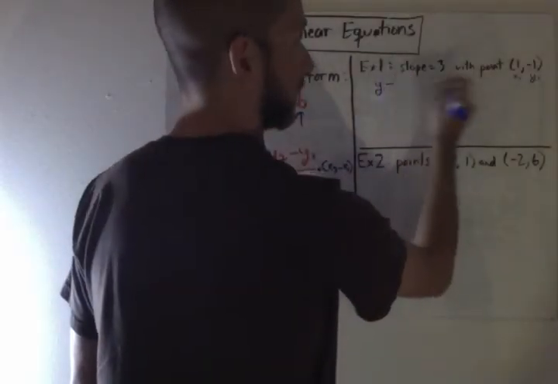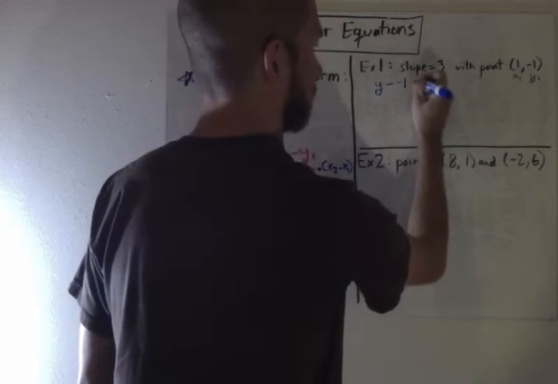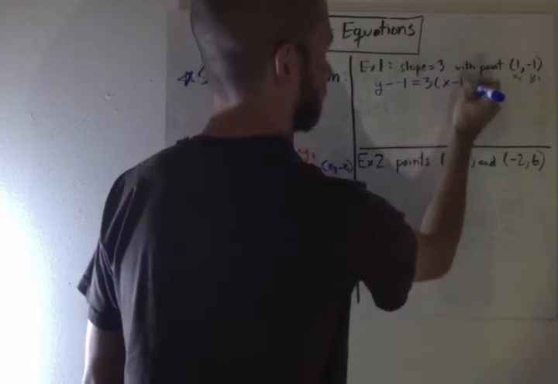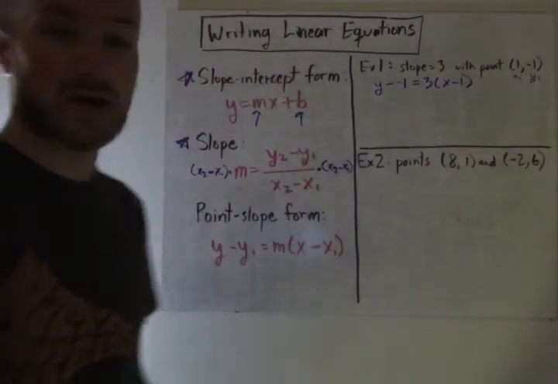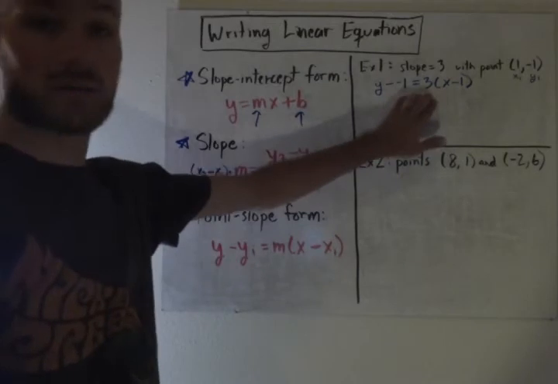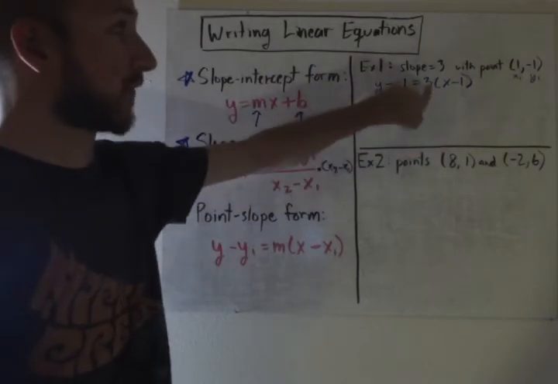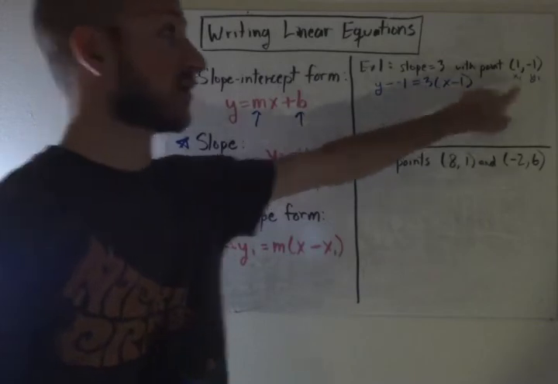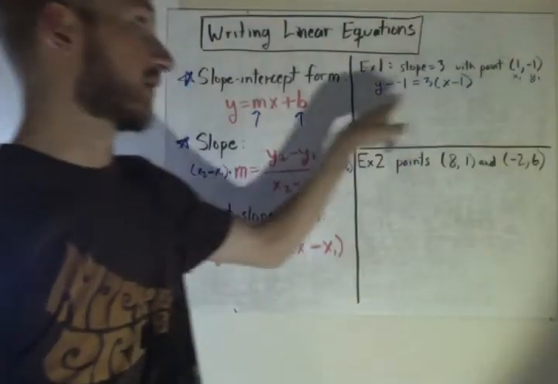Now using this form, y minus negative 1 equals 3 times x minus 1. Right? At this point, all I've done is taken this formula and plugged in my slope right there, and then my x1 subtracted from x, and y1, negative 1, subtract that from y.